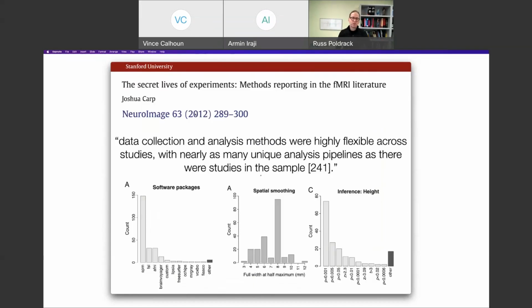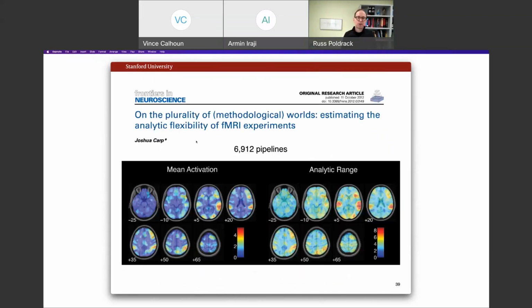And we know that these ramify in the literature. Josh Karp did an analysis of what methods people report and saw that across the 241 studies he looked at, there were nearly as many unique analysis pipelines as there were samples in the study. And Josh also showed in this well-known paper that these actually have an impact on results, right?